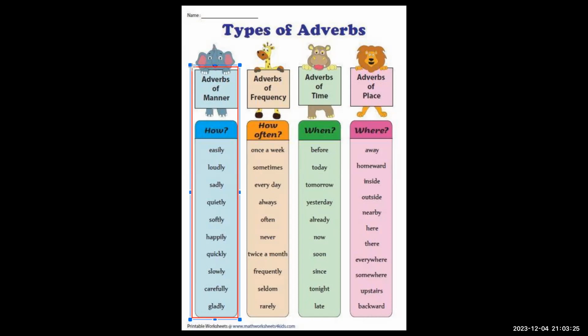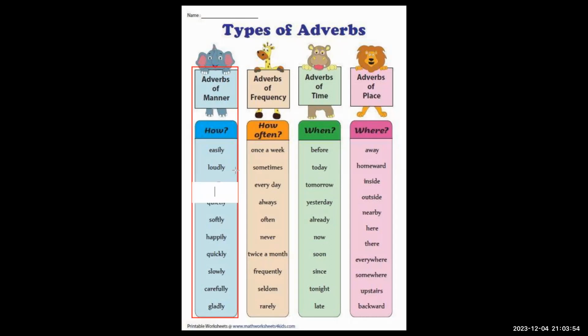If you remember, we had ly at the end. So that is the first type of adverb, adverbs of manner, which is how an action is being done, maybe easily, slowly, softly. Okay, so we will discuss today or tonight the types of adverbs.